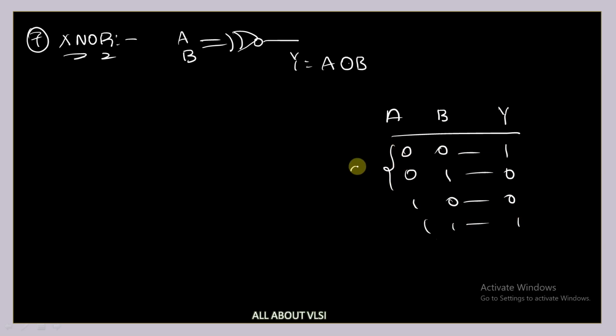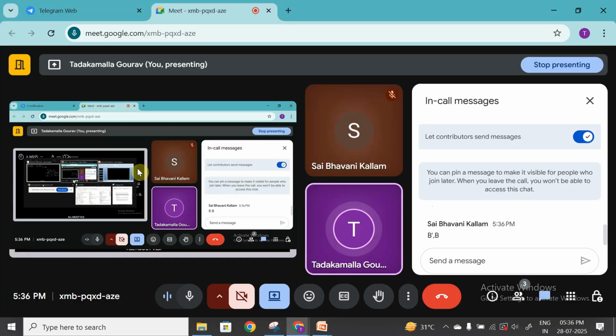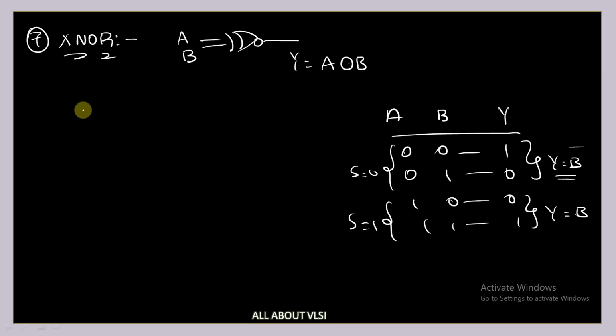And S is equal to 0, S is equal to 1. If S is equal to 0, you are getting the complemented version of your B, and here you are getting the same B, so B bar and B are your inputs. So you can implement your B bar. This is your B, and 1 and 0.